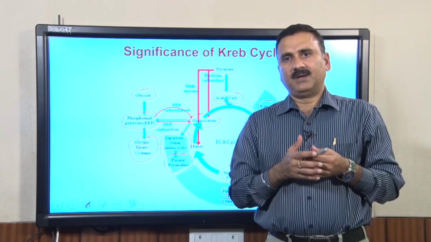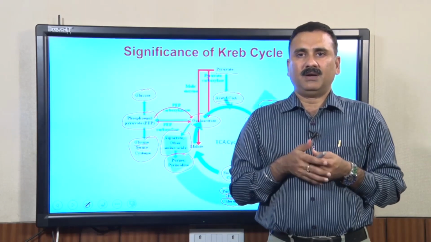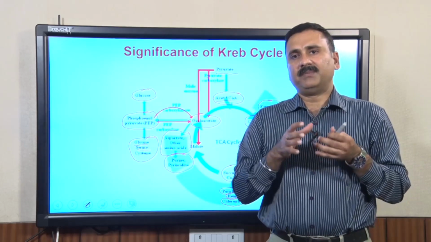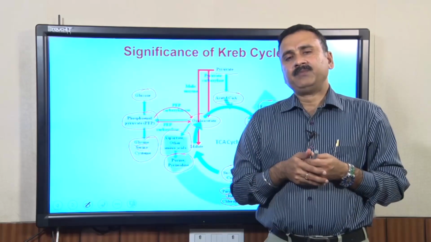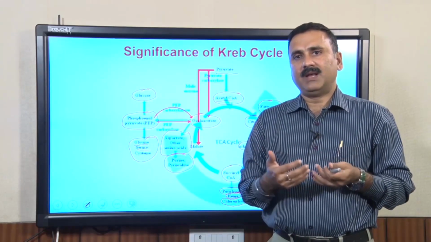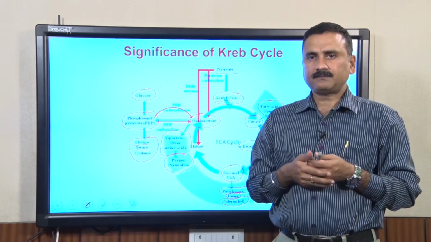And because of this important role which the Krebs cycle plays within the metabolism, the Krebs cycle is under tight control by all these intermediates, as well as the intermediates present in the Krebs cycle itself.